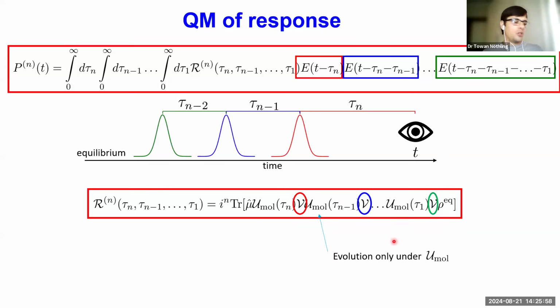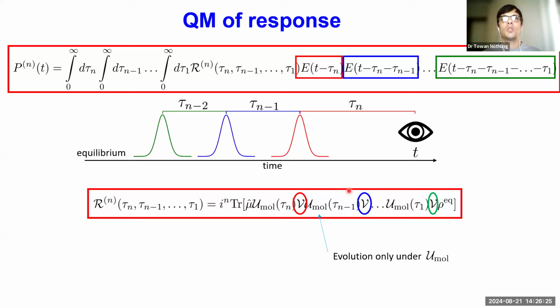One thing to notice, which is important, is that between the interactions, whether the electric fields were pulsed or not, we evolve the system using only the molecular evolution operator. That is, between the interactions, we don't take into account the light-matter interaction, which makes calculation of the response function much easier.